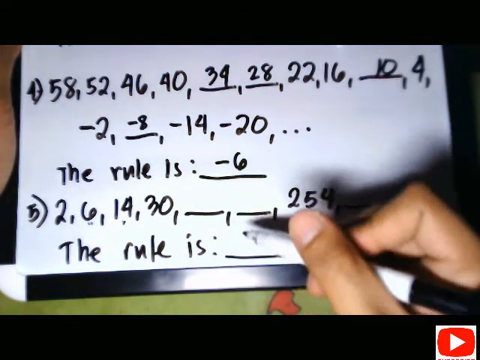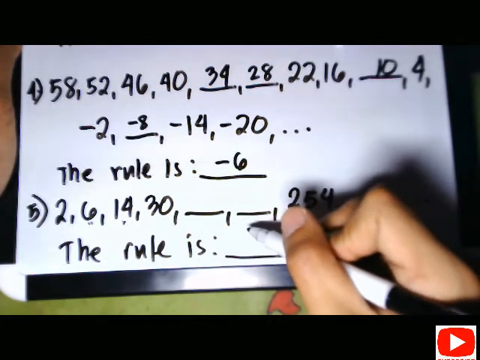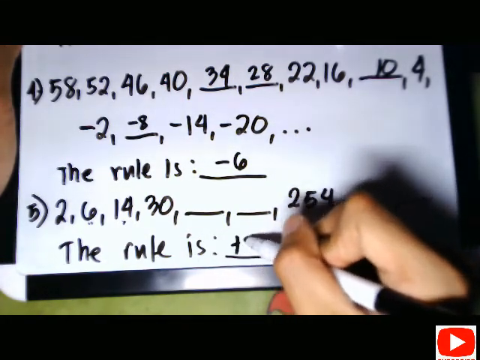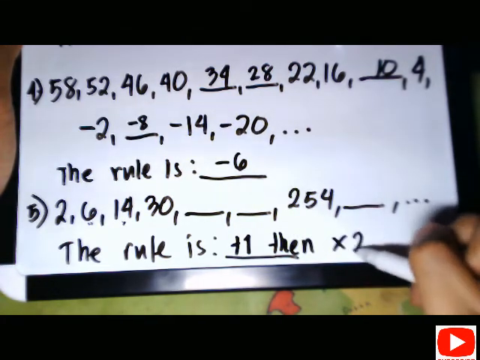So therefore, the rule for this sequence is plus 1, then times 2.